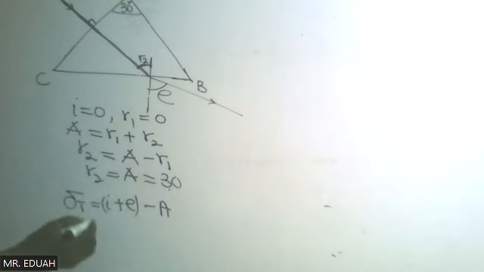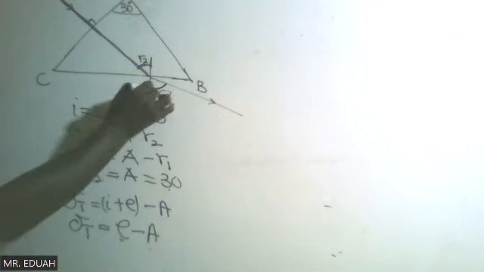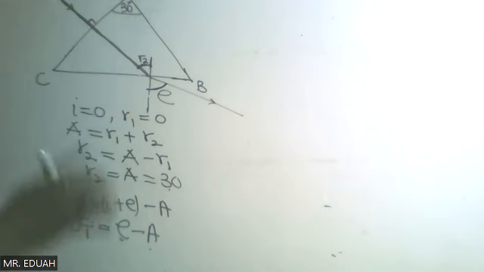Okay, so we have over here the total deviation. I is 0, so we have E minus A. A we know. We are left with determining E to find the total deviation which will occur when the ray is leaving the prism. Okay, how do we find E? Two ways.